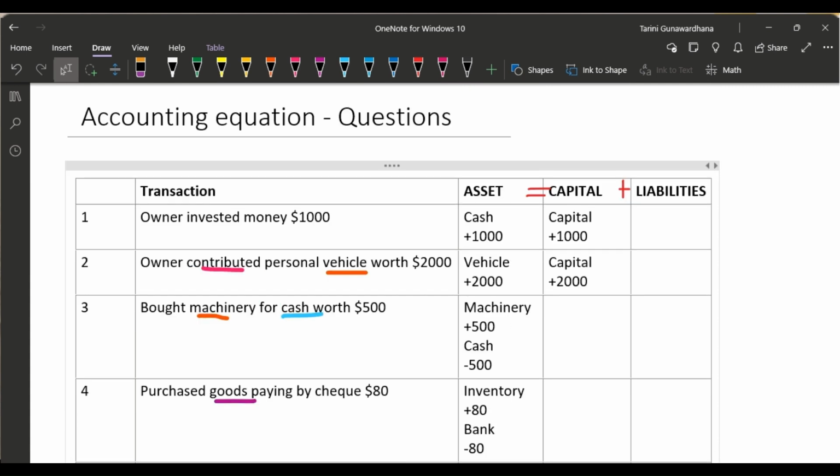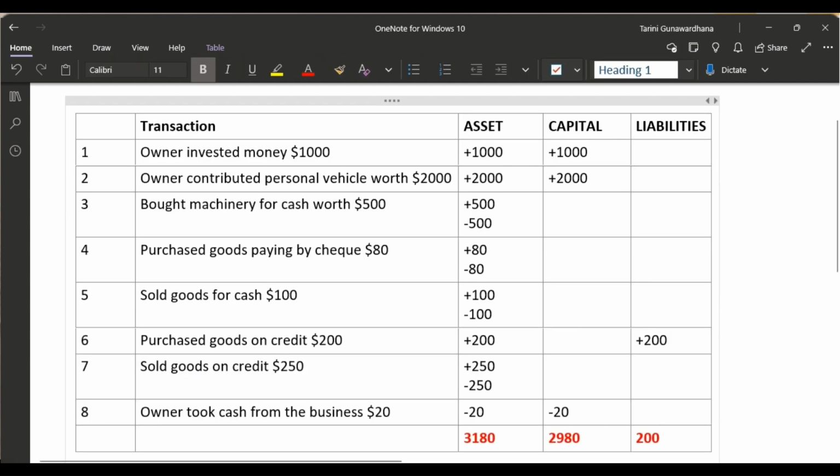In all these transactions, do you see how the left hand side equals the right hand side of the equation? If you need further proof, we can go on adding each and every column and then we can see if it tallies. So here we have the totals. Asset column, the total is 3180.